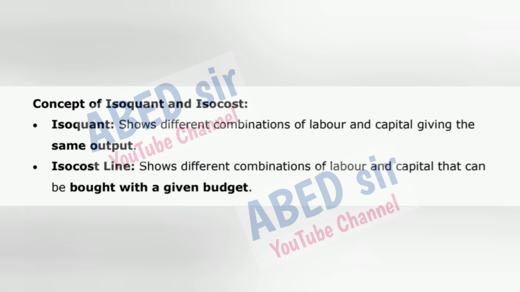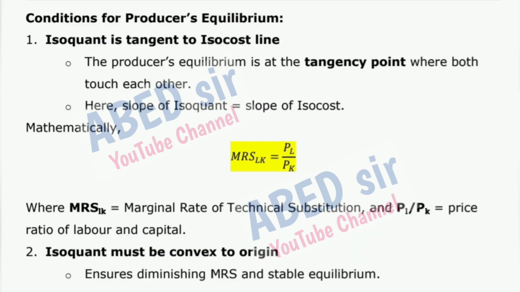Concept of isoquant and isocost. Isoquant shows different combinations of labor and capital giving the same output. Isocost line shows different combinations of labor and capital that can be bought with a given budget. Conditions for producer's equilibrium: isoquant is tangent to isocost line.